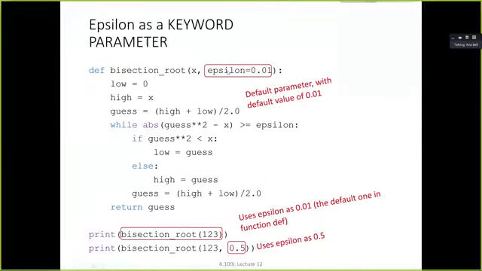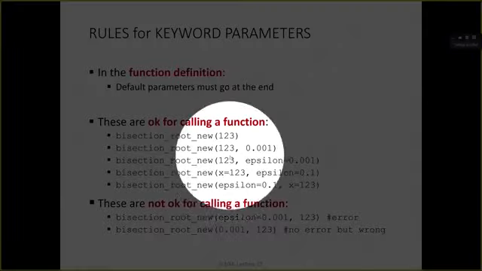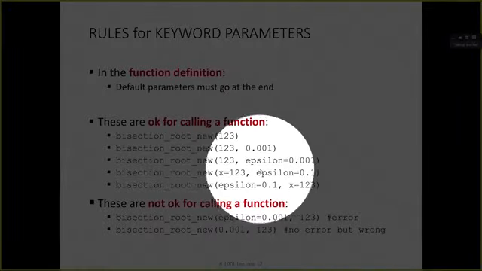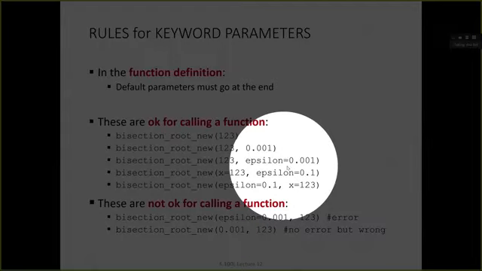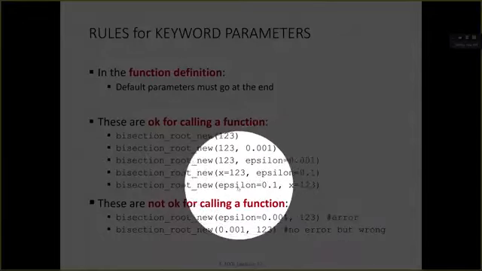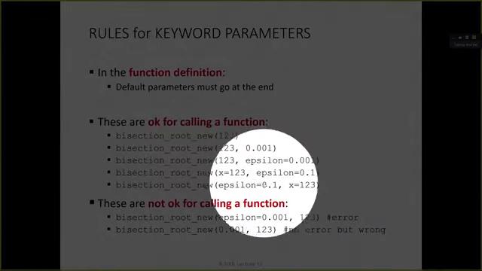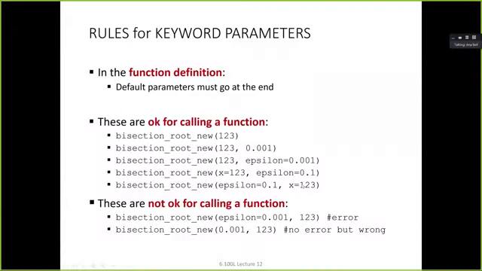So when you make your function calls, you can explicitly tell Python something like this: x equals 123, epsilon equals 0.1. If you have more parameters, you say that parameter equals whatever value you want to run it with. That will not confuse Python, and if you do it this way, you can do it in any order you'd like, because Python will just assign each of these variables to be whatever you told them to.